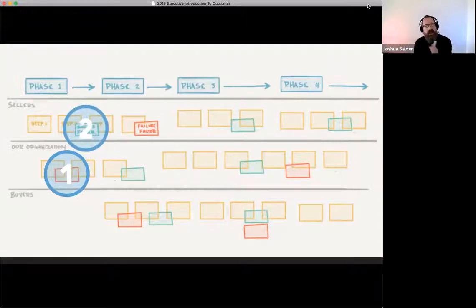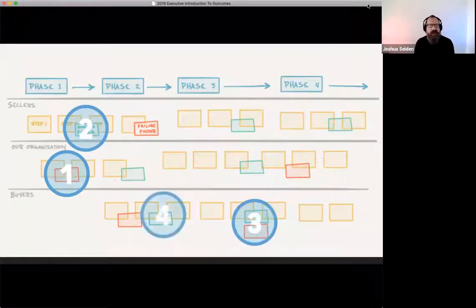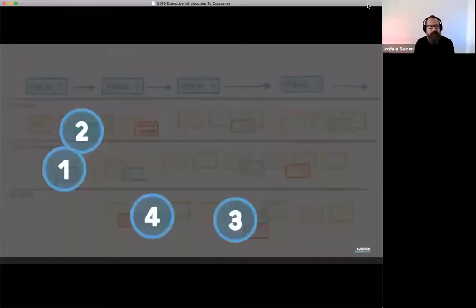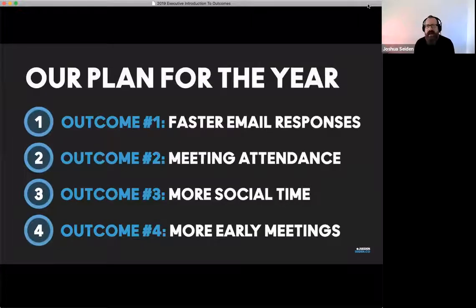And so we made a list of these failure factors and these success factors, and we prioritized them. And we said, look, this is our roadmap for the year. These are the outcomes that we are targeting. And it looked something like this. This is a simplified version for the story, but it looked something like getting people to respond to their email, getting people to show up at meetings, getting people to spend social time together, getting more face-to-face meetings early in the engagement.